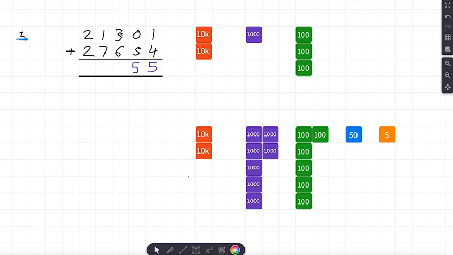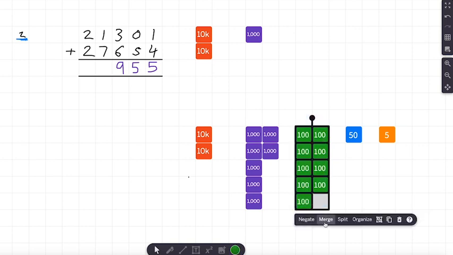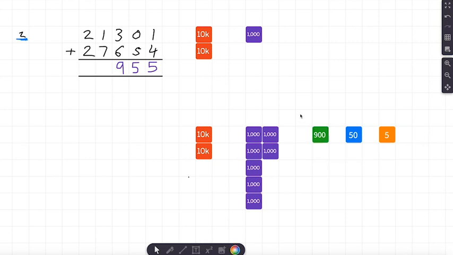For the hundreds, we have 3 hundreds plus 6 hundreds gives us 900, or 3 plus 6 is 9. Put them together there. You can see the 900. And now we move on to the thousands column with 1 plus 7 is 8, or 1,000 plus 7,000 is 8,000.